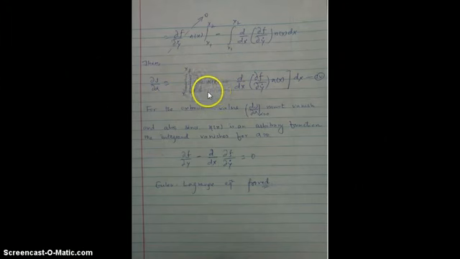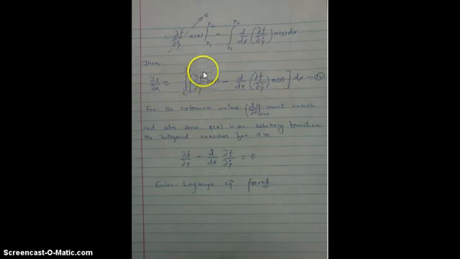For the extremum value, if I take this eta of x common, only the partial derivative of f with respect to y minus d by dx of the partial derivative of f with respect to y dot would remain inside. For such an extremum value, dJ by d alpha would be 0, since it's either a minimum or maximum, in which the first derivative would be 0.